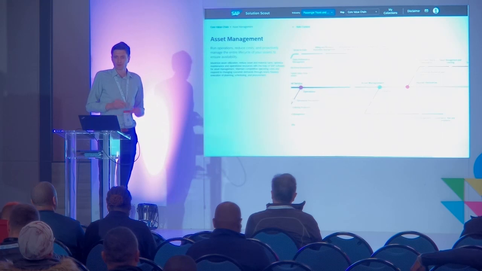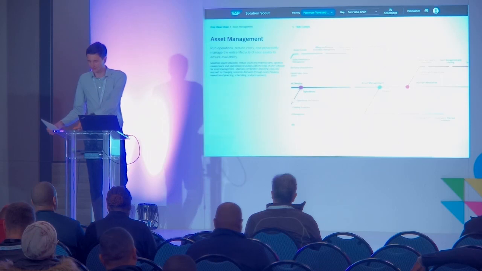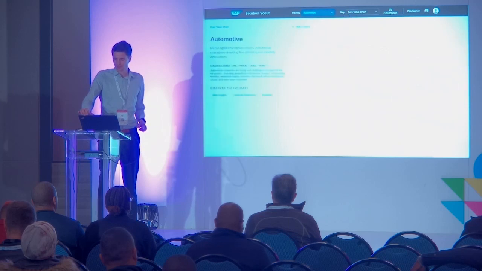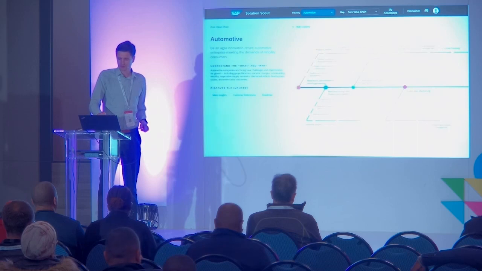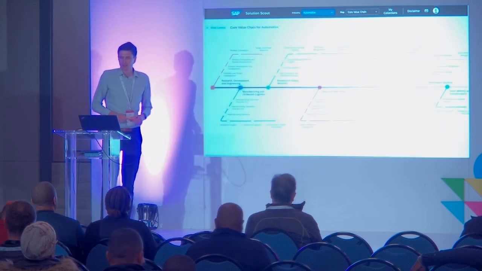Now we want to lose the context on purpose. Let's see how this map actually looks for a different industry, and why not choose, for example, automotive. So, bad news here, no catering production for automotive. The only way to get food into your car is to still use the drive-in.